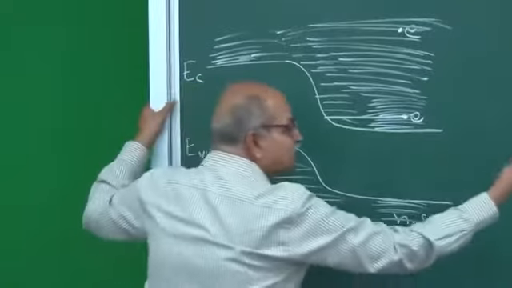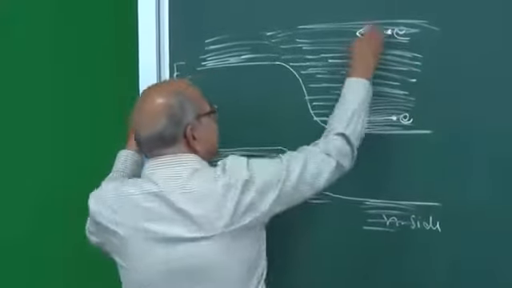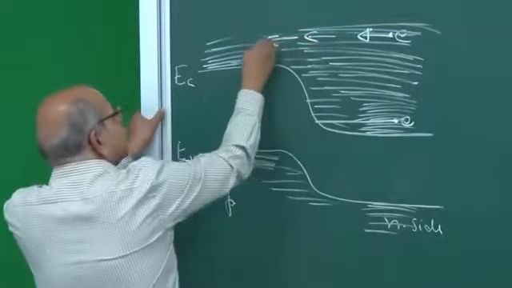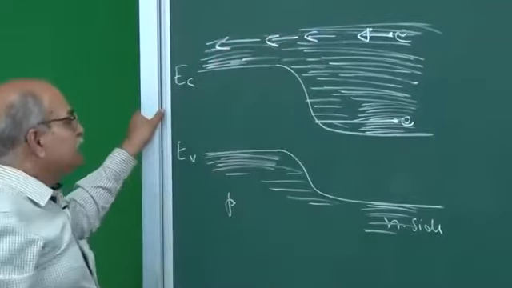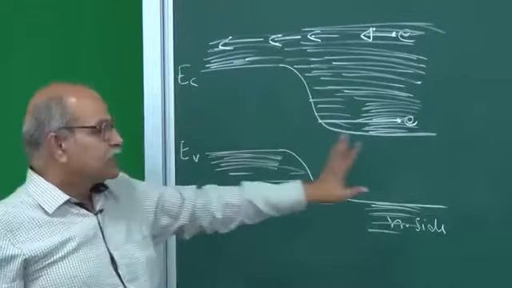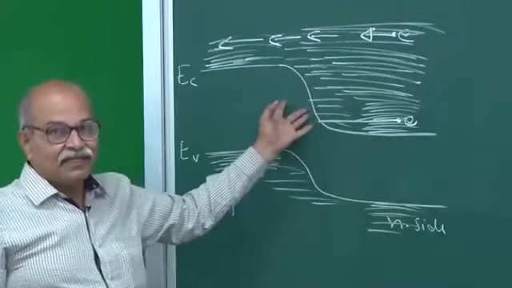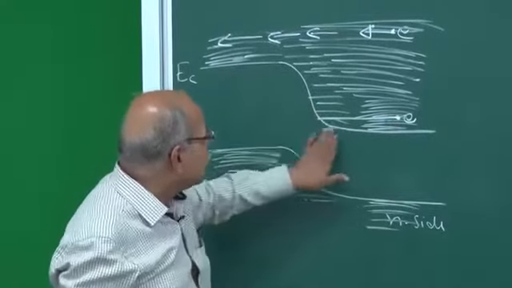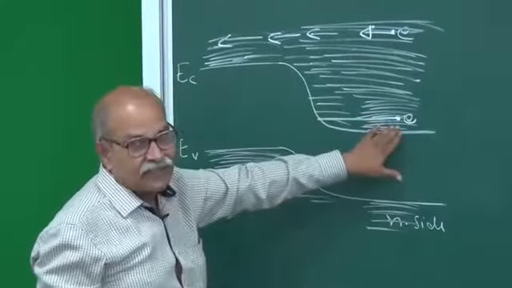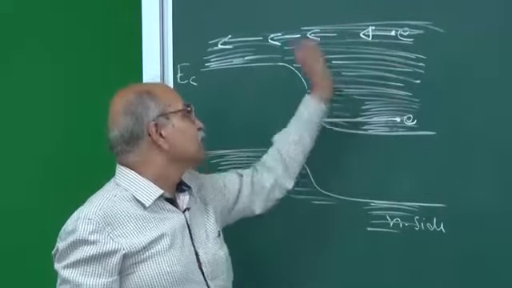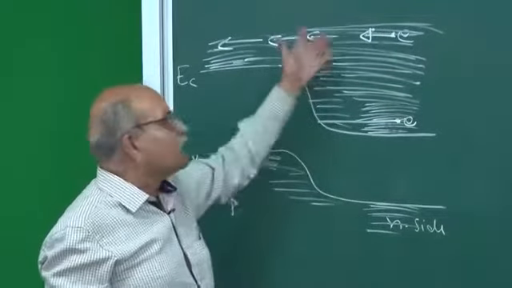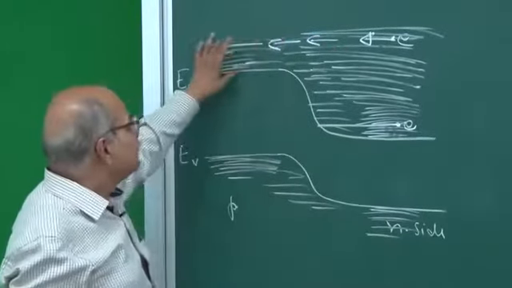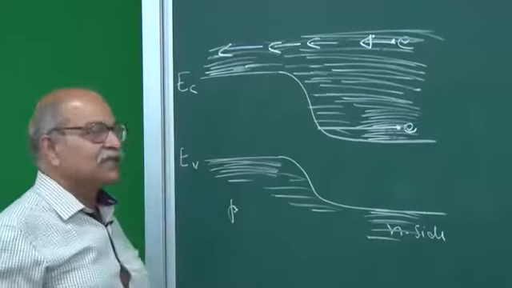If that comes in this direction, then with that same energy it can completely go into the p side, it can cross the depletion layer. So for these electrons, this barrier is not surmountable, at least classically, but for these electrons this barrier is crossed. The kinetic energy will decrease, all those things will happen, but it can still cross over.